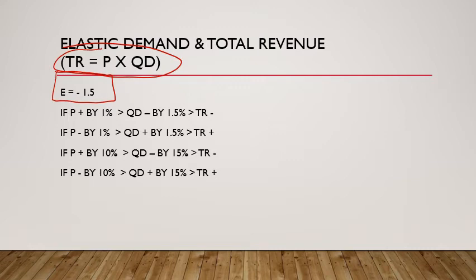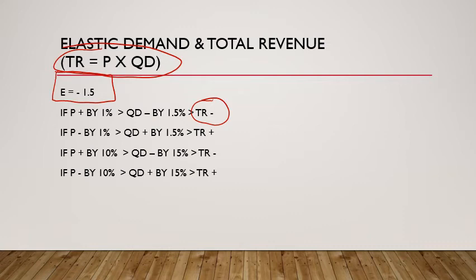So let's do the first one. If the company increases the price by 1%, what's going to happen to quantity demanded? Quantity demanded is going to decrease by 1.5%. So what happens to TR? TR will drop. Second example, if the price goes down by 1%, what will happen to QD? QD will go up by 1.5%.